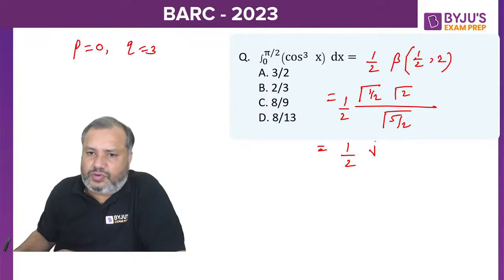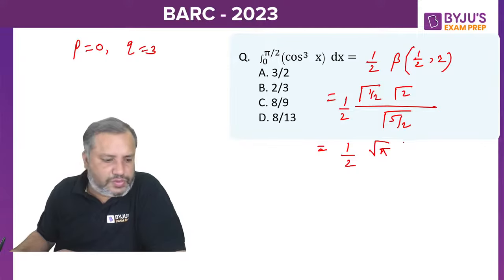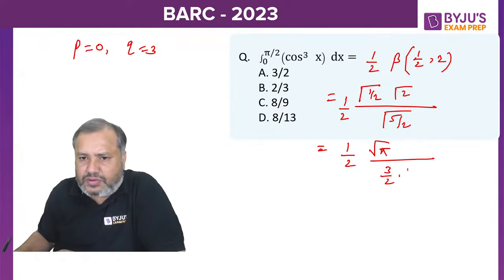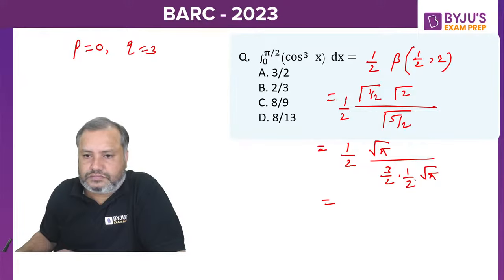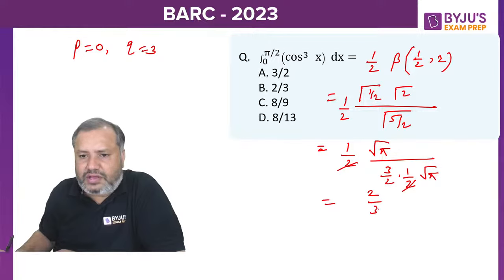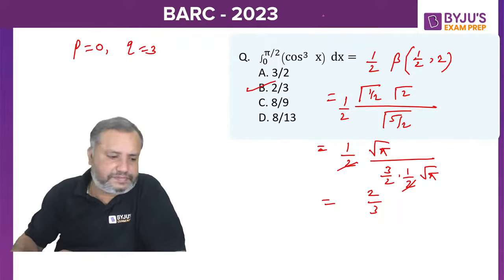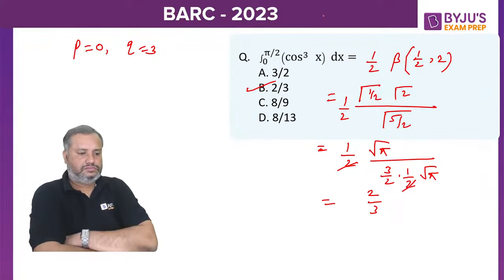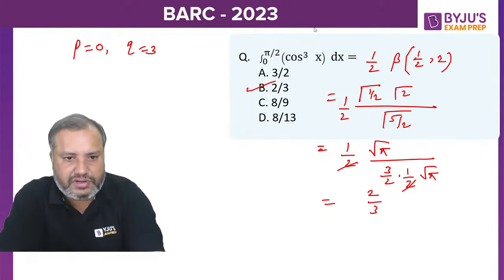Gamma 1 by 2 is root pi. Gamma 2 means factorial 1, upon gamma 5 by 2, which is 3 by 2, 1 by 2 root pi. I believe 2 by 3 is the answer, right? 2 by 3.